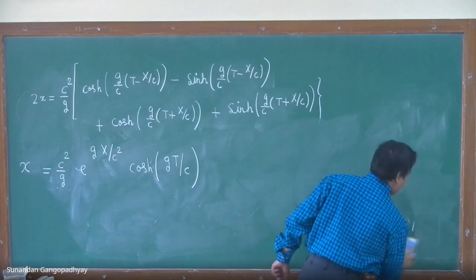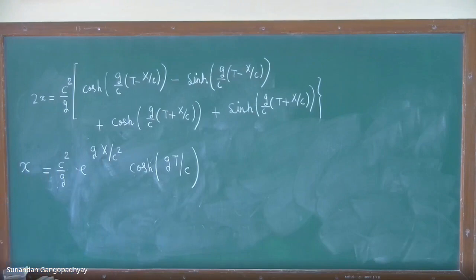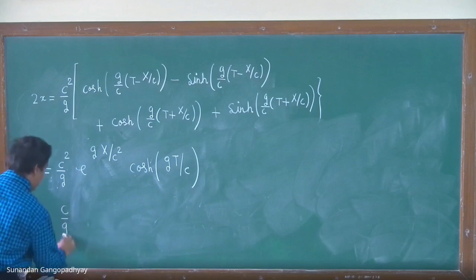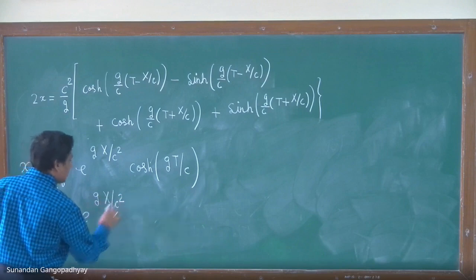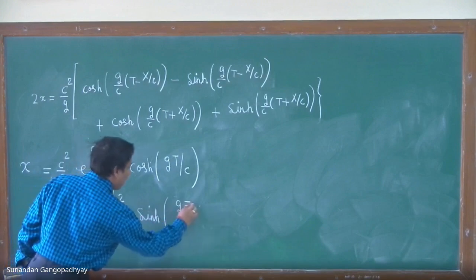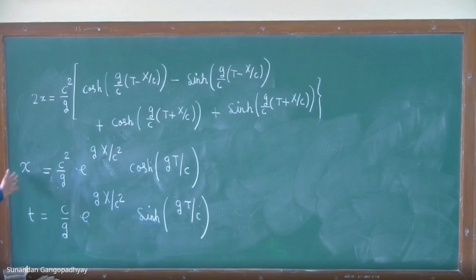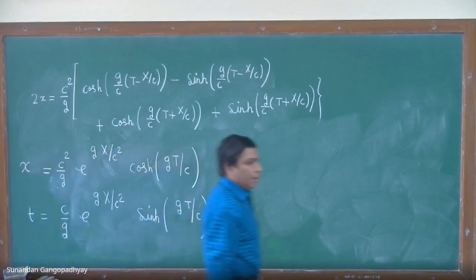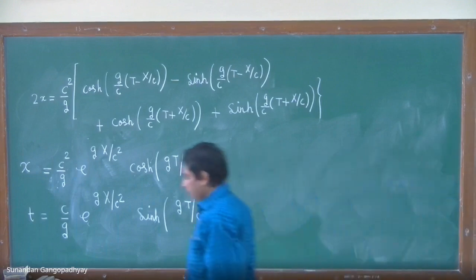And similarly, by using the other relation, subtracting it, you can calculate the other one also. This will be nothing but c square by g. So you have nice relations between the laboratory coordinates and the coordinates of the uniformly accelerating frame.